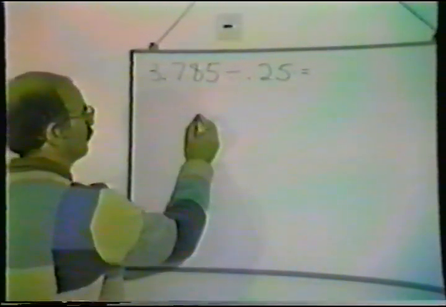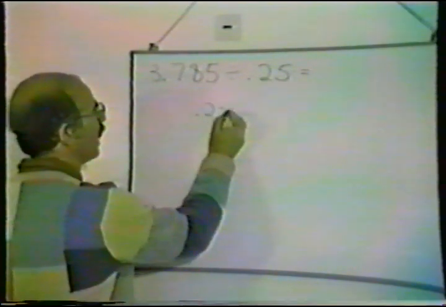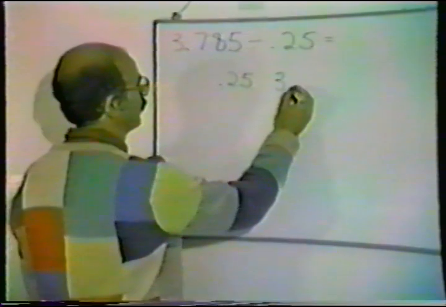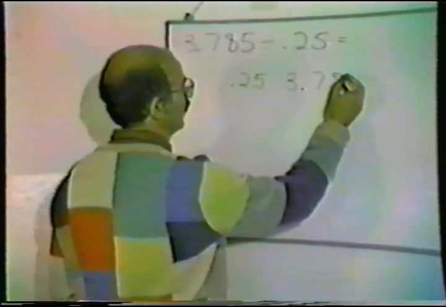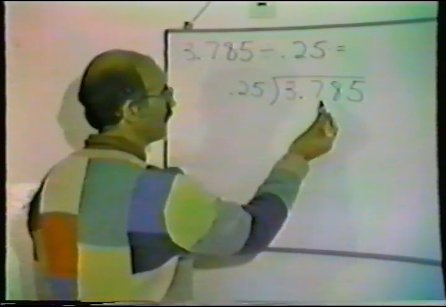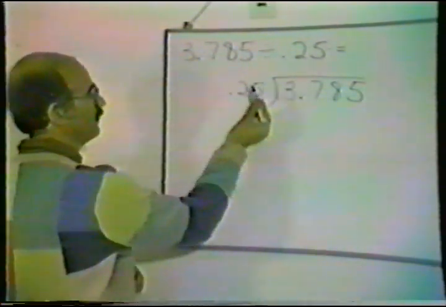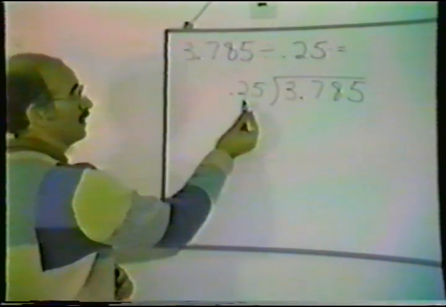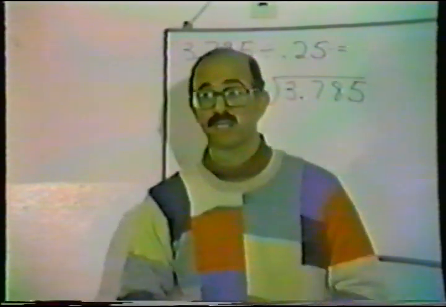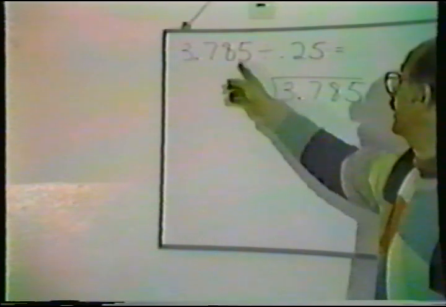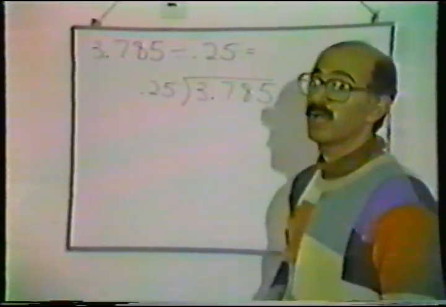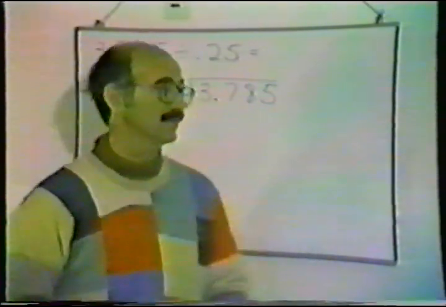That means 0.25 is divided into 3.785. It's this number divided by this number. It's very important that when you see it presented to you like this, that you set it up in the right order and don't do it backwards.